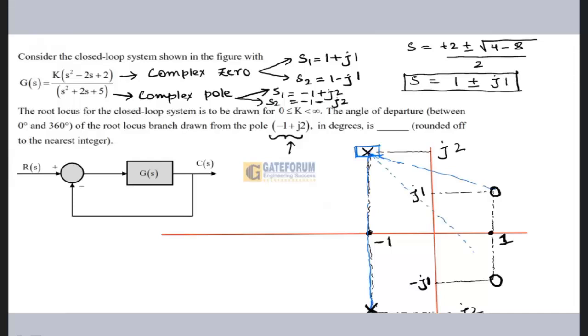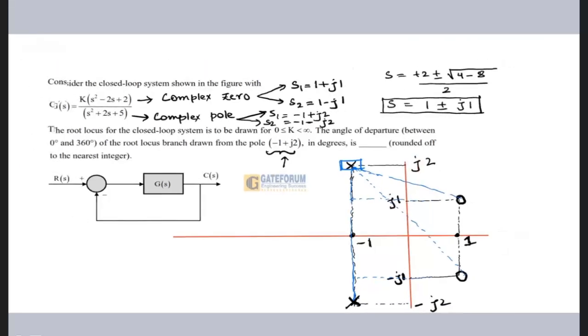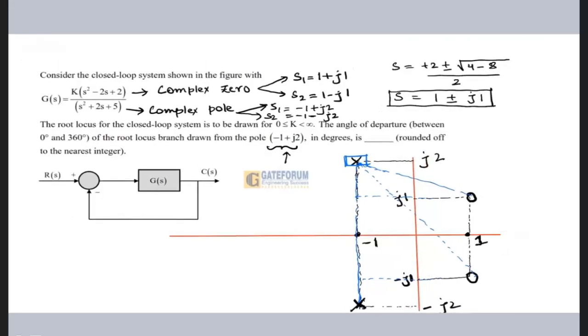Now I have to take the anti-clockwise angle. If you're taking the anti-clockwise angle for one, you have to take the anti-clockwise angle for all the poles and zeros. So this particular part is plus 90 degrees, because I'm taking the anti-clockwise angle. Here also I'll take the anti-clockwise angle, and you can see that it is greater than 90 degrees.